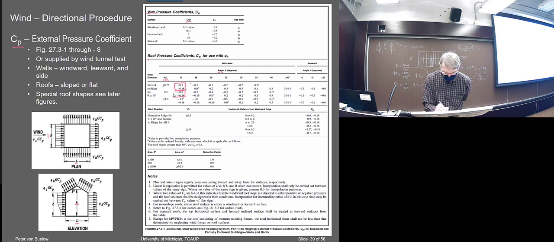There are three sets of values based on where the wind is coming from, I think. And then based on your slope, you would take your slope and your ratio and you'd come up with some CP, right? And then you'd multiply that CP into the rest of the equation.